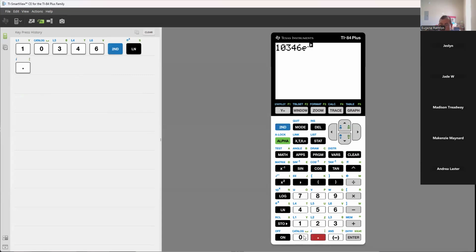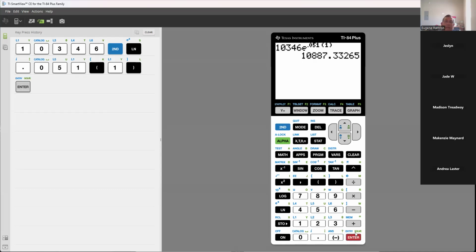And then that was 0.051 times 1 year. So that one looks like 10,887.33. So since my second 3 had a 2 after it, I'm leaving it the same.